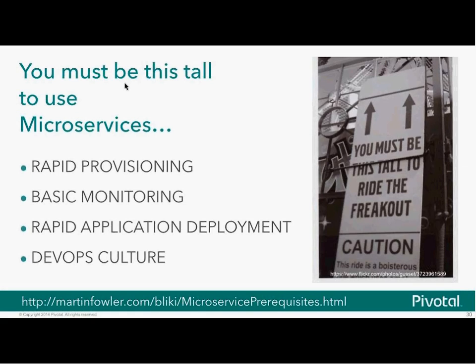And you have to be very good at monitoring not just the apps themselves, but also the emergent interactions in this distributed system. And you have to be able to turn application deployment very, very quickly, because as you're deploying more and smaller bits, if your deployment process is bottlenecking you, you're not going to get the benefits that you want.